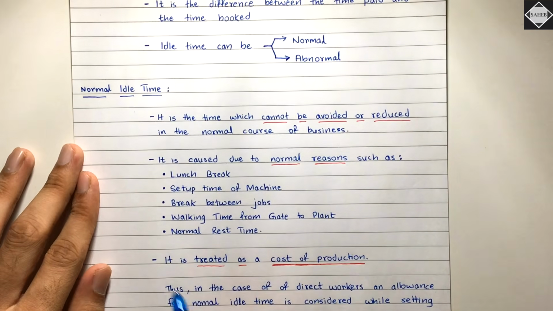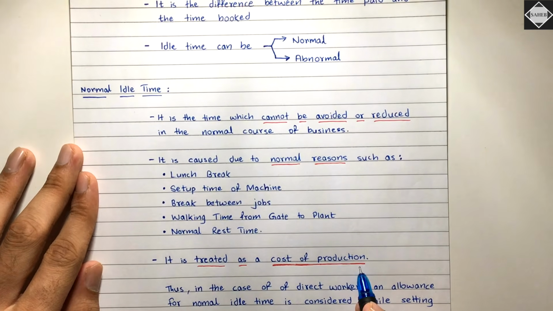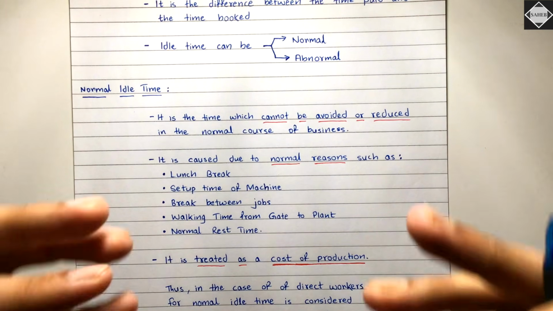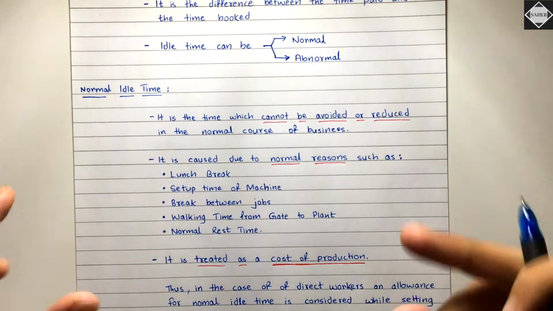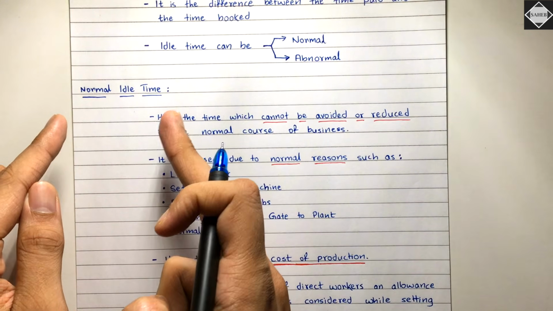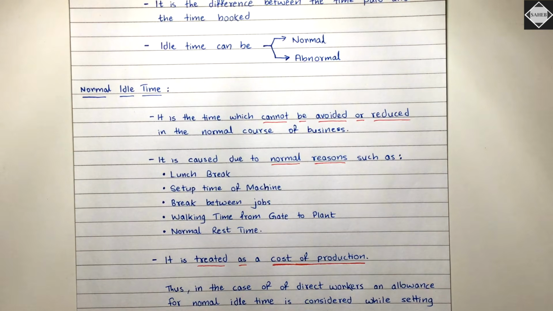It has to be treated as a cost of production. You have to allocate the normal idle time labor cost also to the jobs and recover that cost from your customers. Is that clear? So this normal idle time is treated as a cost of production. Now how it happens, I will teach you.